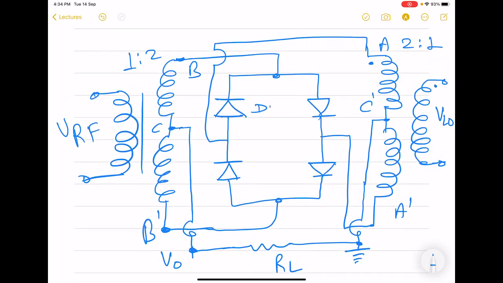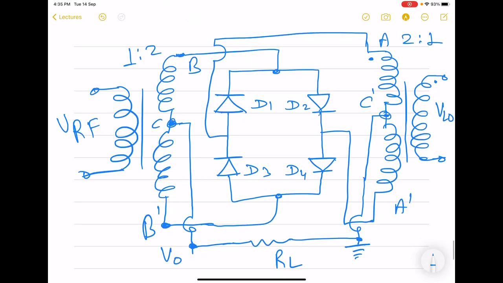Let us name these diodes D1, D2, D3, D4. Here also we will consider two halves of LO, and for each half we will try to figure out the state of the diodes, and then find the voltage at node C, because that is the output voltage, and C dash is anyway grounded.